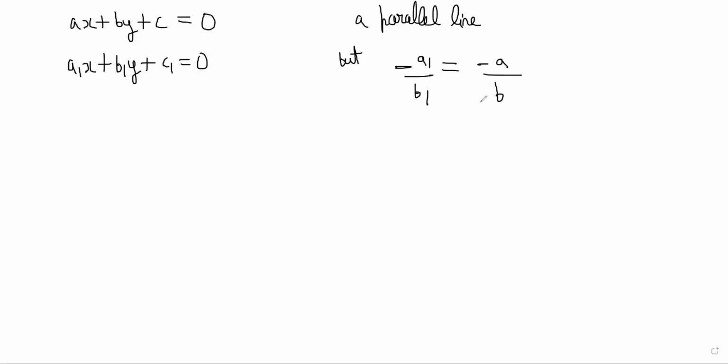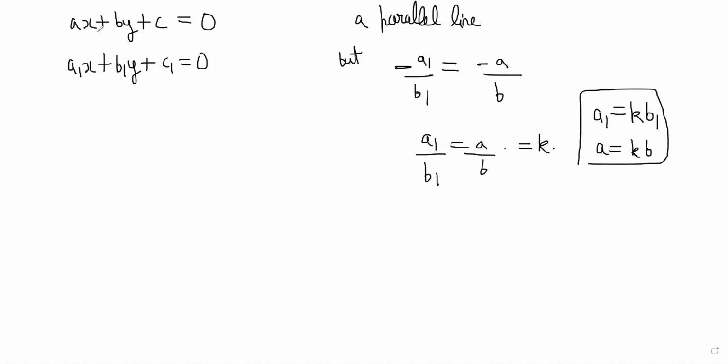So a1 by b1 is equal to a by b. Therefore, let's say both these things are equal to k. So a1 is equal to k b1, and a is equal to kb.